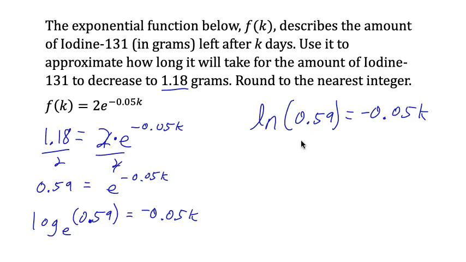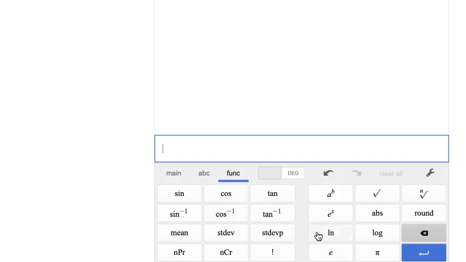Let's go to our scientific calculator and figure out what the natural log of 0.59 is. And then we're also going to divide that by negative 0.05. So to get k by itself, we'll need to divide by negative 0.05. So in the scientific calculator, we'll find the natural log and also divide by negative 0.05. Most scientific calculators have a natural log button.